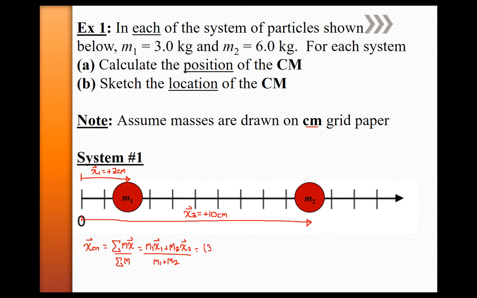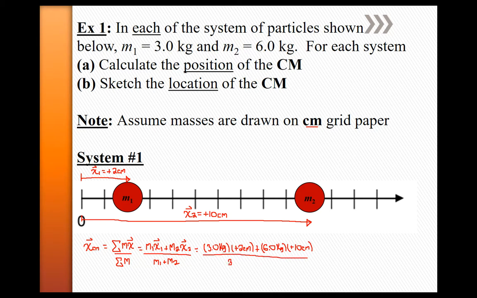M1 has a mass of 3.0 kilograms. x1 is positive 2 centimeters, plus M2, which is 6.0 kilograms, times its position. x2 is at 10 centimeters. And then divide this by the system mass.